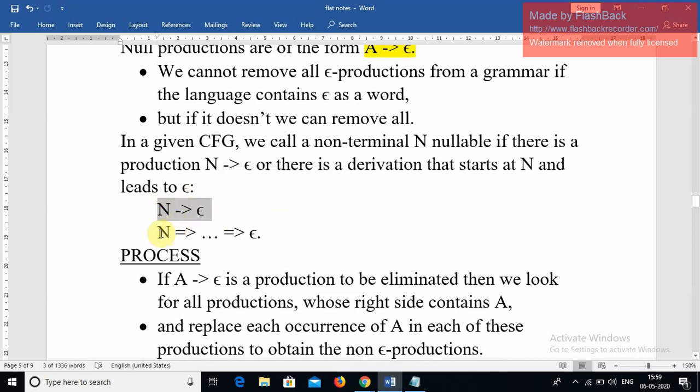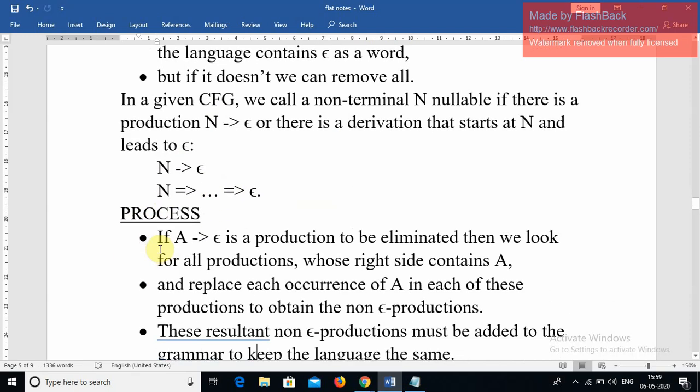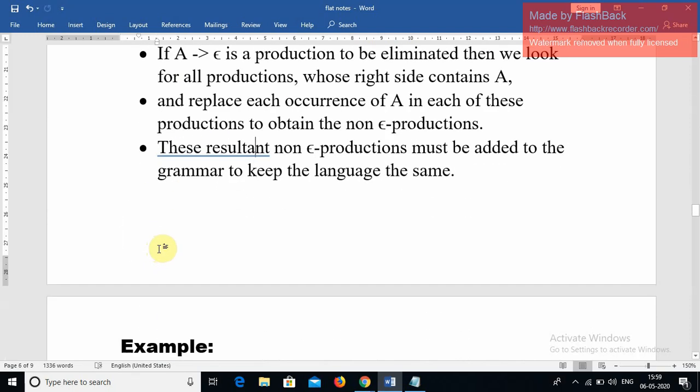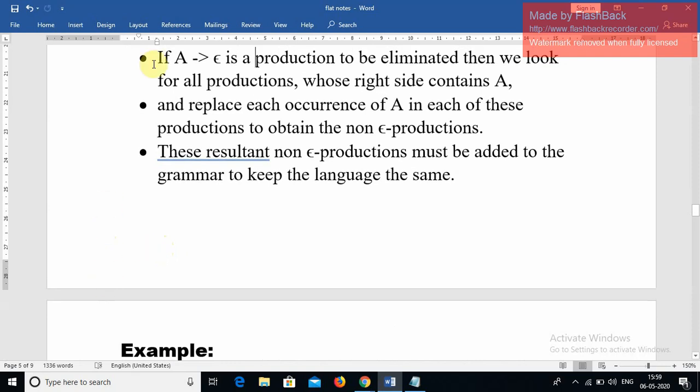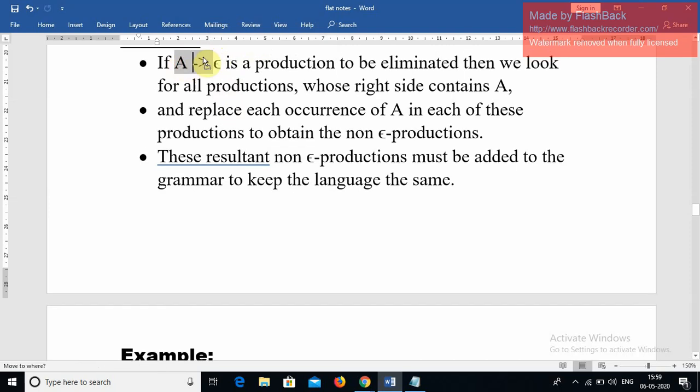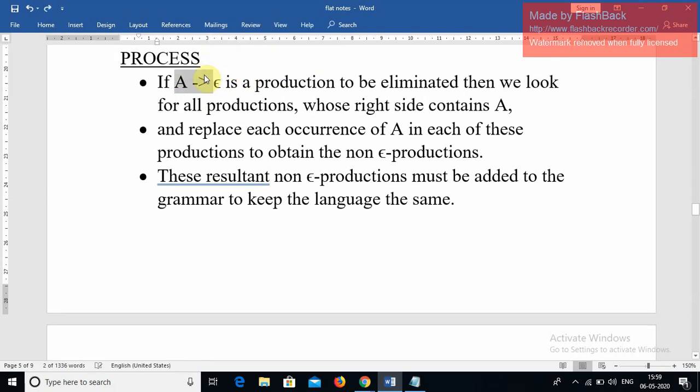In the same way, if from any non-terminal you reach epsilon, that is also called a null production. So the process is given here. If you have a null production like A to epsilon, this null production can be removed.